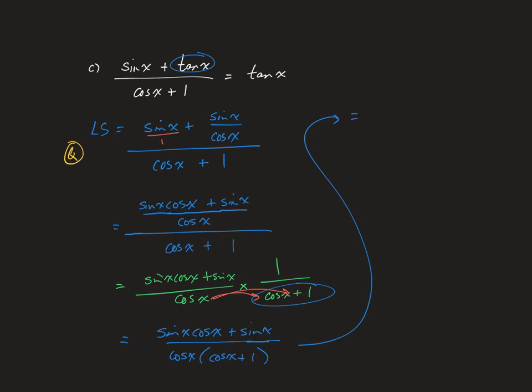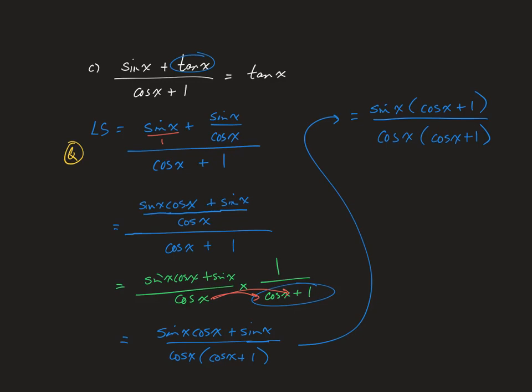So if I can't simplify, then what I can do is unsimplify, and one of those actions I can do would be to factor. If I factor my numerator, then I get sine x times cos x plus 1. I have a common factor of sine x. My denominator is still that.